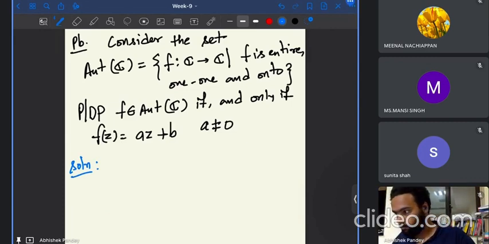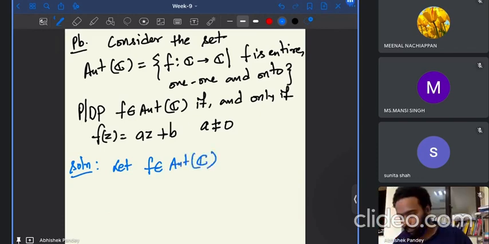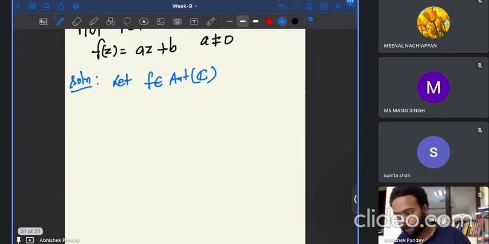Now let f belong to the automorphism group of C. What can we say about infinity?